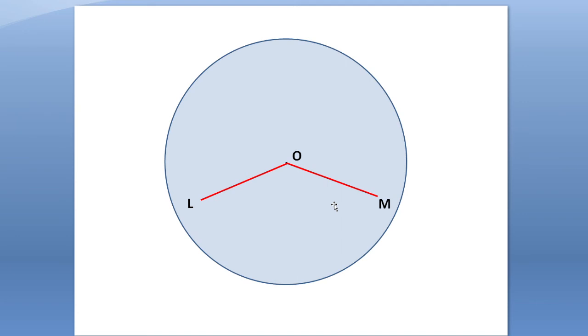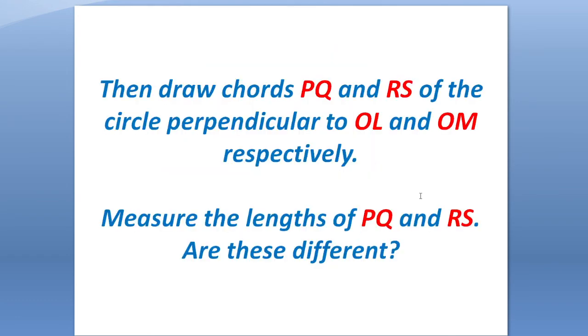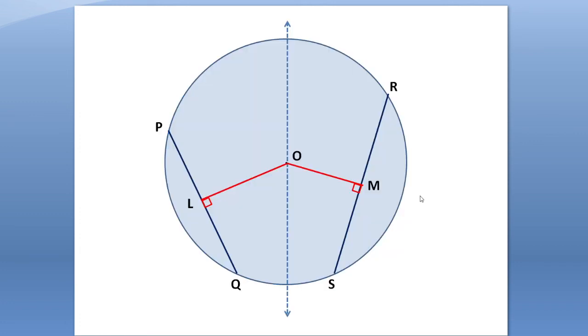Here OL and OM are equal. Then draw chords PQ and RS of the circle perpendicular to these lines OL and OM respectively, and measure the lengths of PQ and RS. Are these different? No. See here like this.